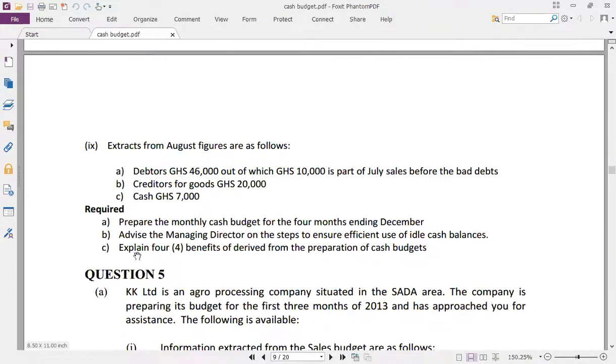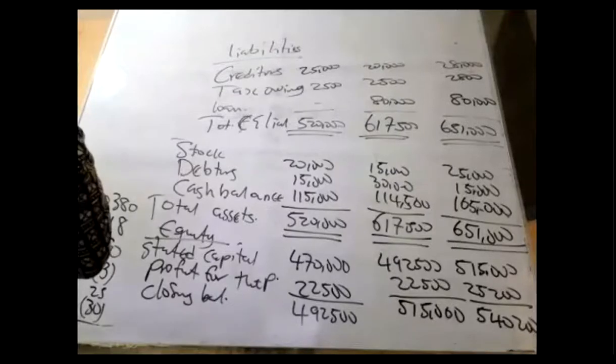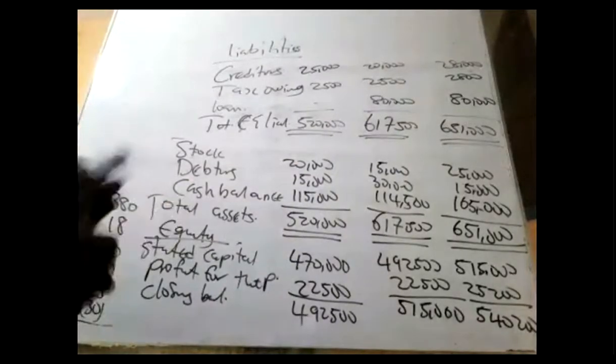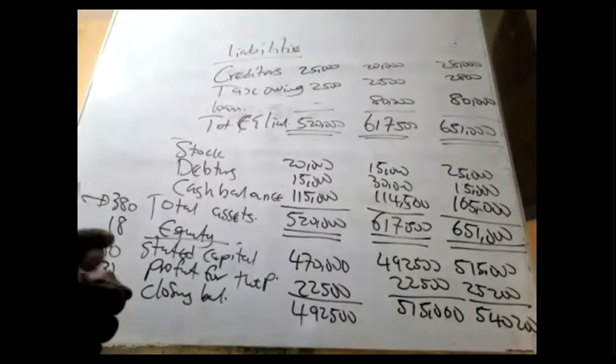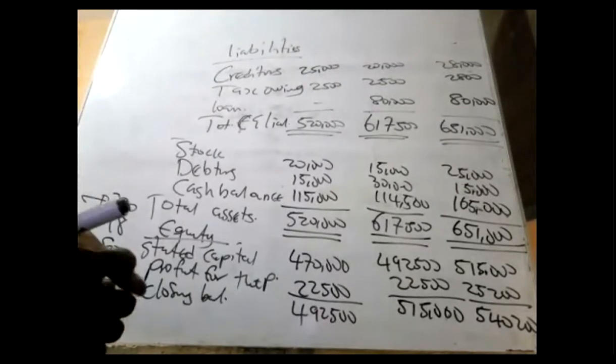This is about cash budgets, and then you advise on the use of cash. We didn't look at the uses of cash budgets and the interpretation of cash budgets. You may be asked, after the preparation of the cash budget, to provide the uses, or explain 4 benefits of cash budgets. Cash budgets will help you to know your liquidity situation.